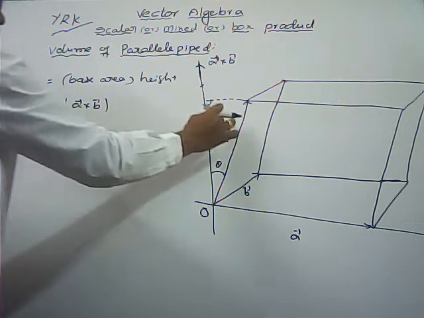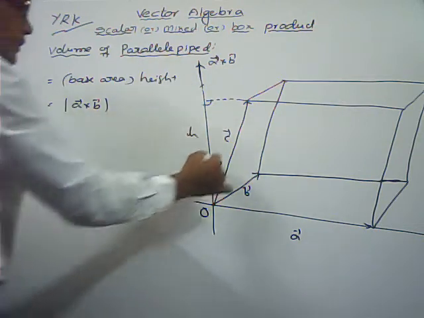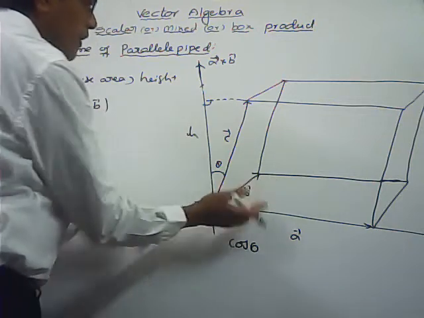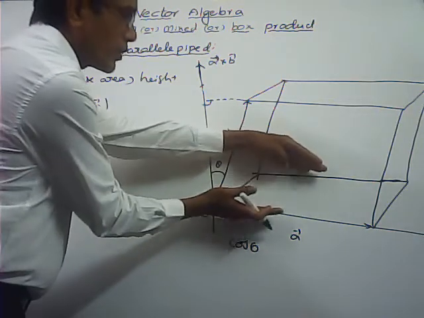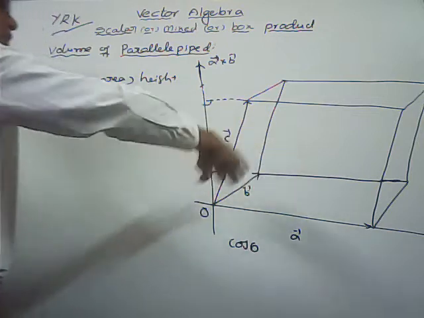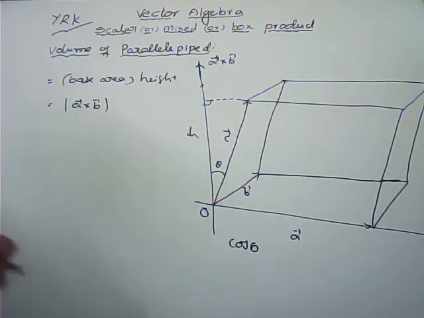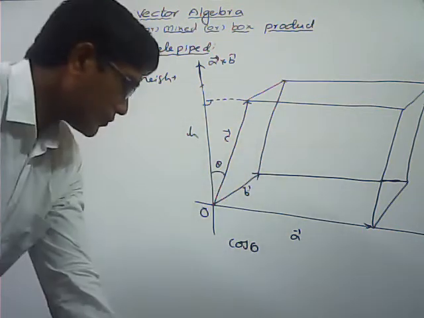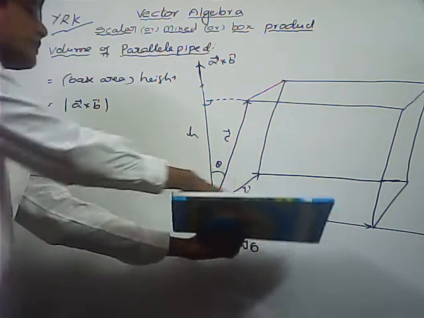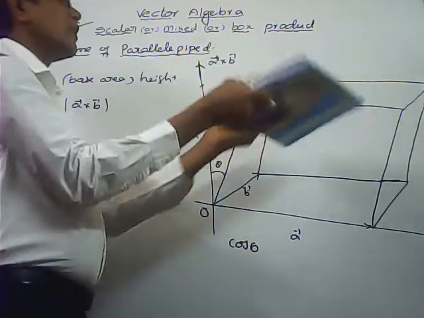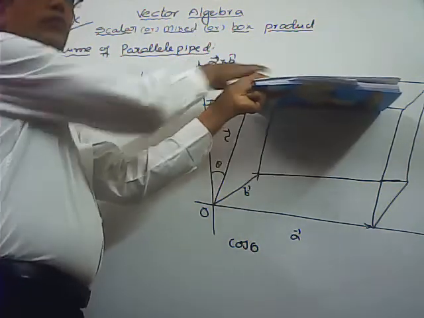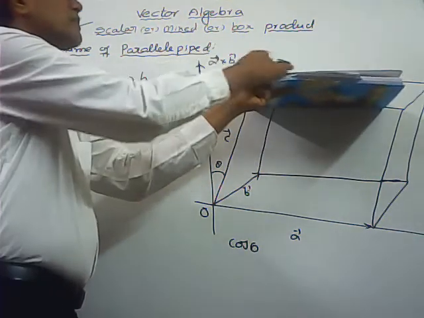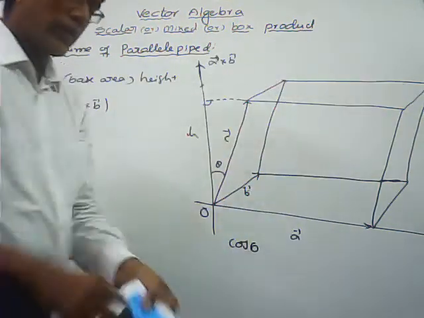So in this triangle, if I apply cos theta, this is total base only, not the height. This is the total base. This total parallelogram lies on the plane like this one. This is the base, and this is also the height, like this only.